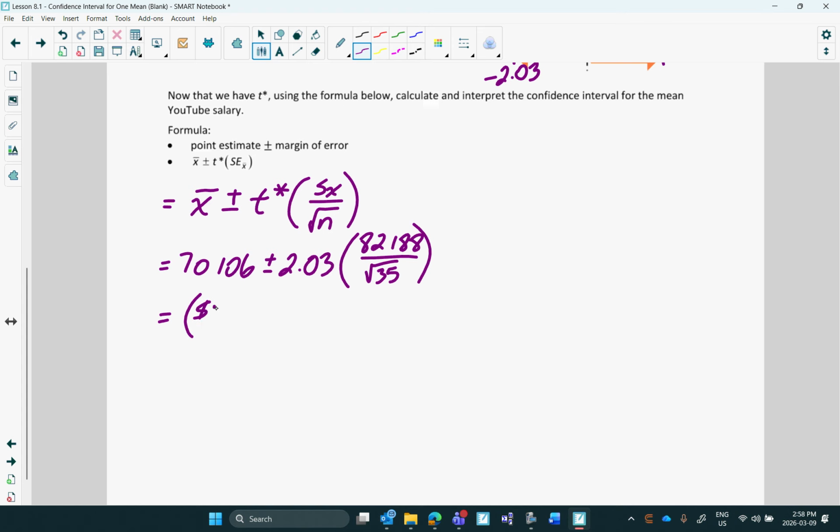And that will give us a more accurate confidence interval of just under 42,000, all the way up to just over 98,000.